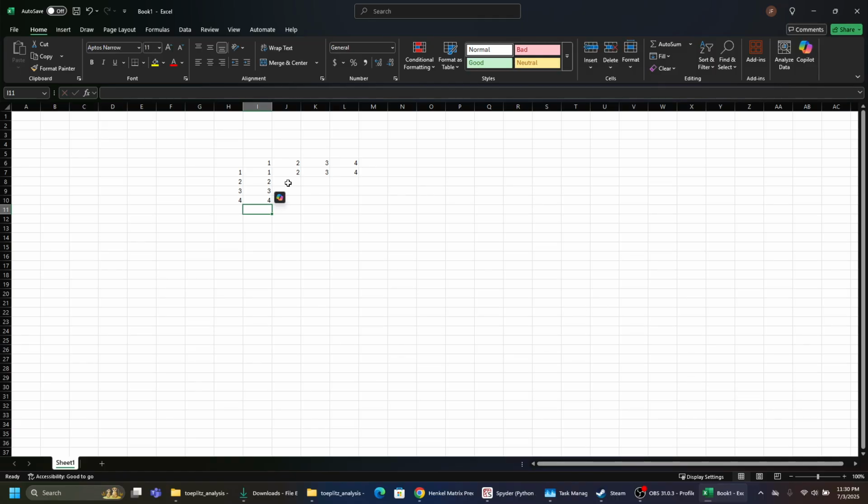It's a mirrored matrix. Here you're going to get 4, because that's 2 times 2. 3 times 2 is 6, 4 times 2 is 8. And then 2 times 3 is 6, 8. Here's 3 times 3 is 9. And 3 times 4 is 12. And then 4 times 3 is 12. And then 4 times 4 is 16. Right? So when you do something like this, this is called the diagonal of the matrix right here.